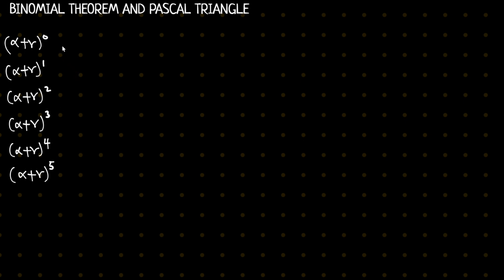From our understanding of indices, we know that when you raise something to the power of 0, you have 1. And when you take alpha plus gamma to the power of 1, you still have alpha plus gamma.